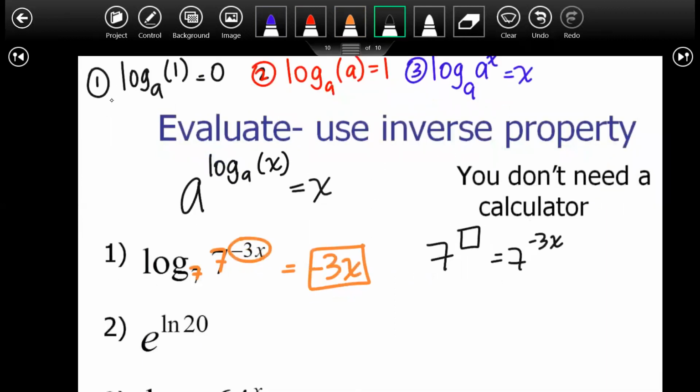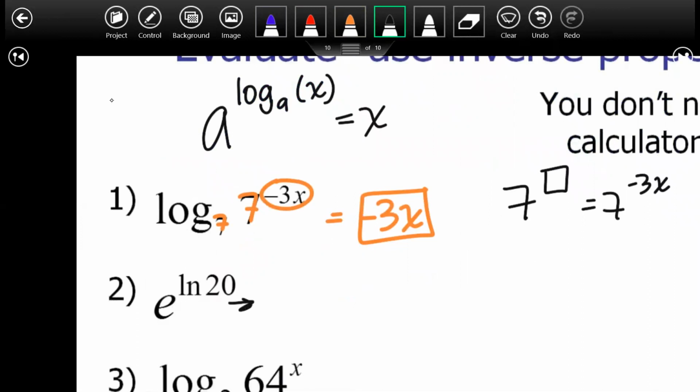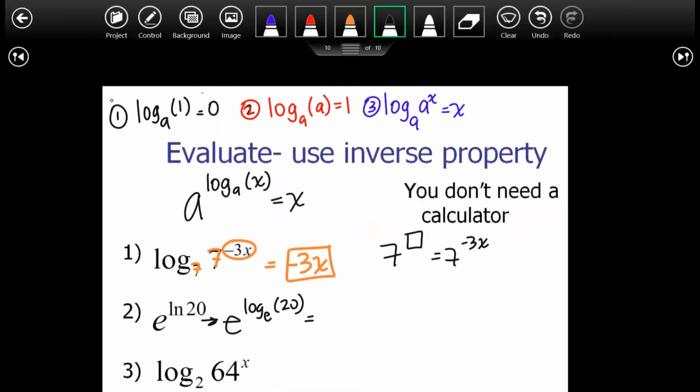The next one we're going to do is, most people can't see this, but we got to be able to change this ln. So e to the log base e of 20. Which property does this stem from? The fourth one, right? The fourth one. So if they share e to the same log, we're going to basically get that exponent or that number that's equal to it.